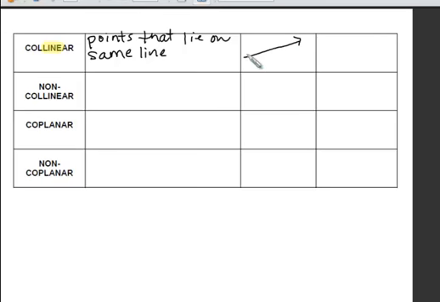So if I draw a line and I have X, Y, and Z, X, Y, and Z are collinear. Non-collinear. Obviously, it is the opposite of that, or the negation of that. Points that do not lie on the same line.